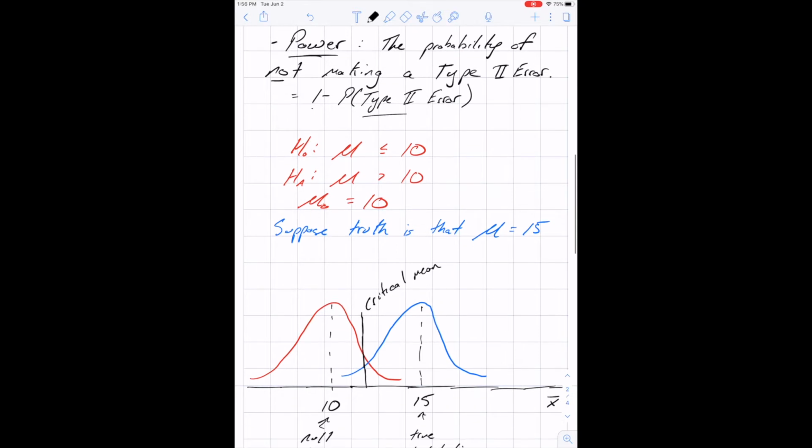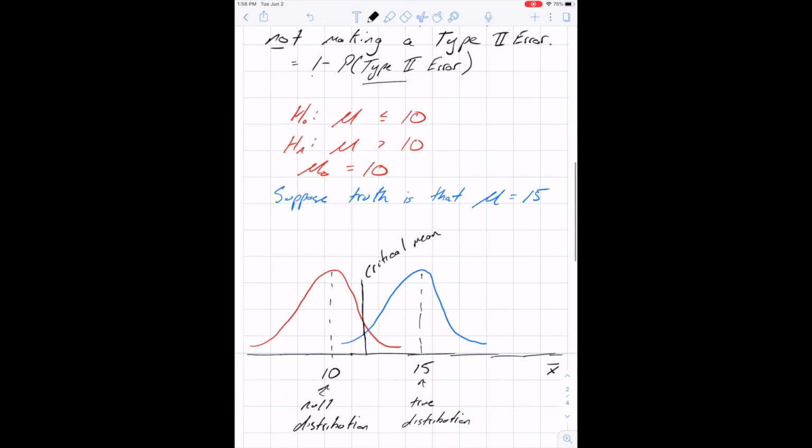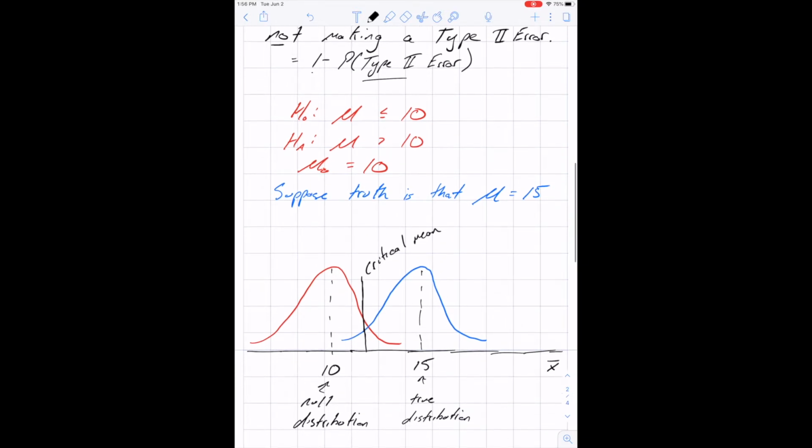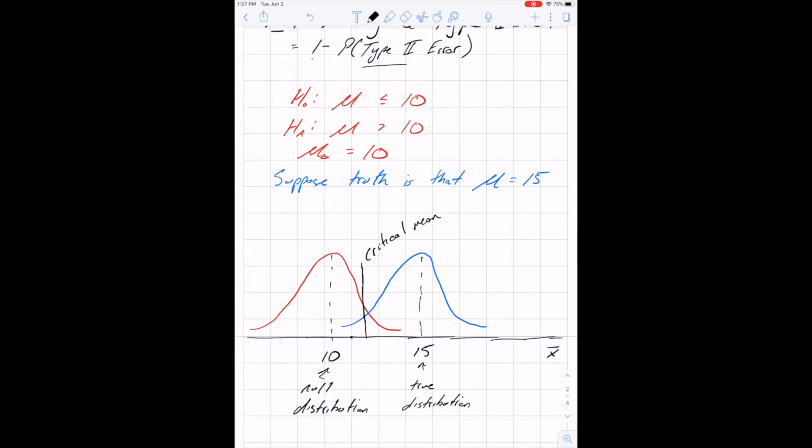So just by way of example really quick, suppose we had that same set of hypotheses up here. So mu is less than or equal to 10, mu is greater than 10 for the alternative, that again, mu naught, the null mean, is 10. So suppose that the truth is that mu equals 15.